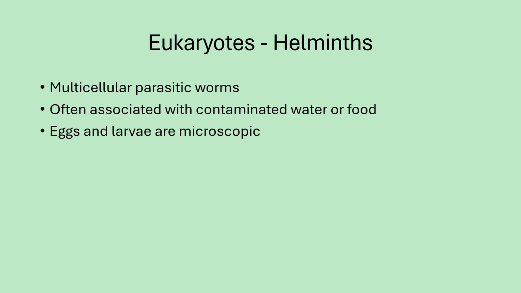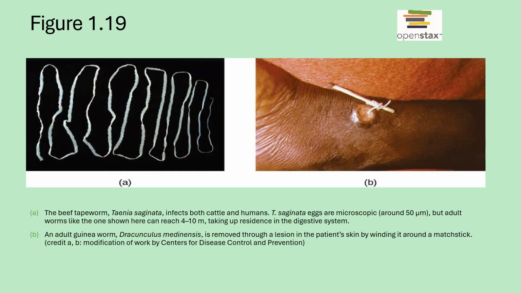We're talking about things like nematodes, tapeworms. Most of you, if you saw a big long tapeworm, you're not going to eat whatever it's in, but you may not see the egg or the larvae in it. So that's why we study them. So over here under a picture is a tapeworm, very long, and then over here is another type, known as a guinea worm.